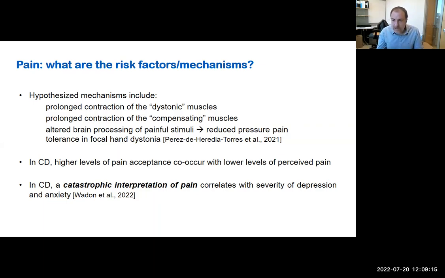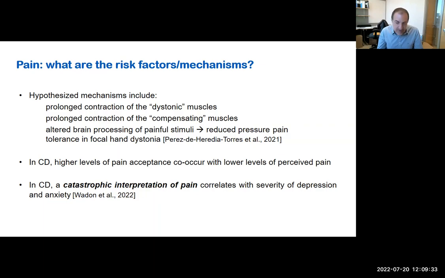In people with cervical dystonia, we also know that higher levels of acceptance of living with pain may co-occur with lower levels of perceived pain, which is a pretty obvious and expected finding.